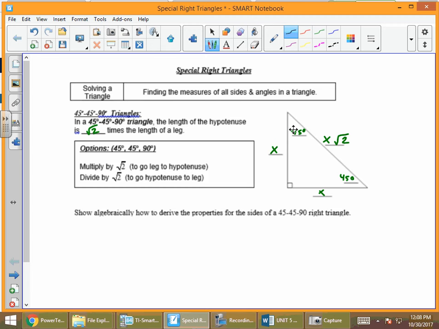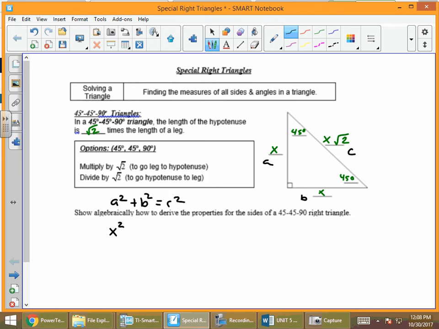Algebraically, to show how this works, we use this diagram. We have our legs, which are our a and our b. What do we label our hypotenuse as? c. Well, I'm using the Pythagorean theorem to show that it works.